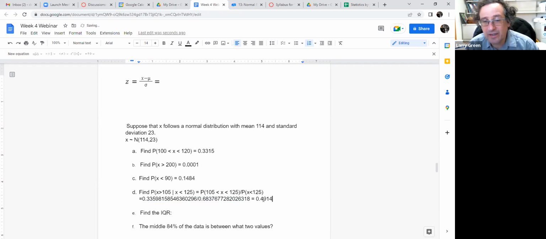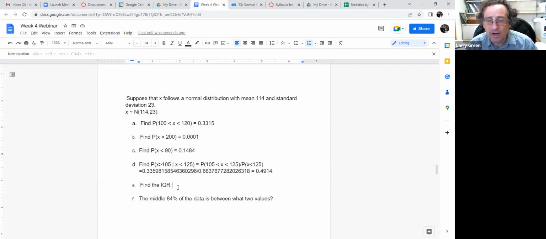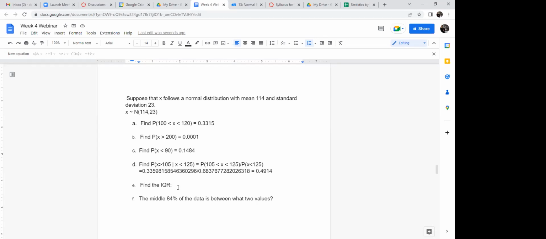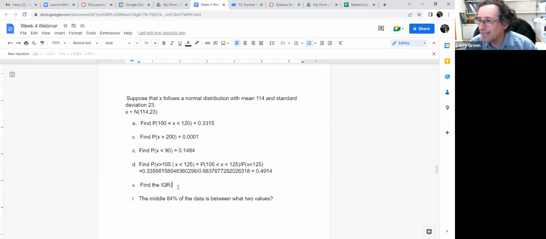Any questions at all on that example? Okay, so the next question is find the IQR. Do you remember what the IQR means? What's it stand for? Let's start there. Interquartile range. Yeah, it's the interquartile range. And then there's a formula for it.